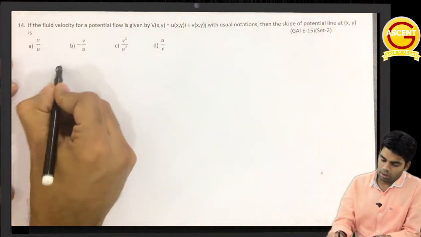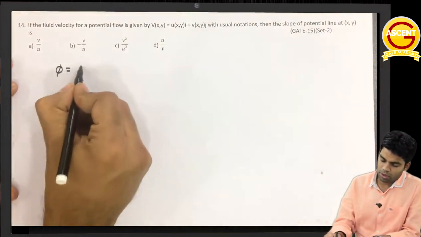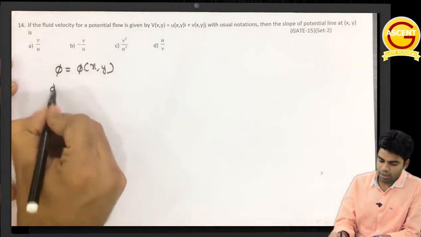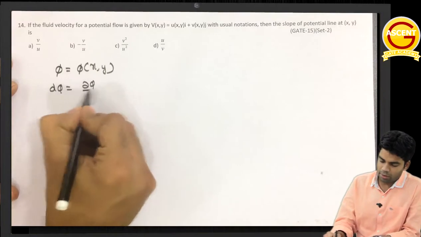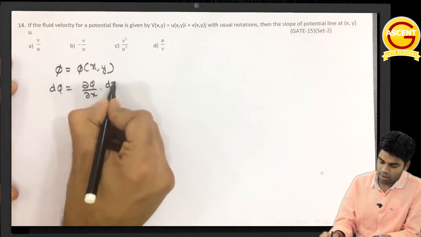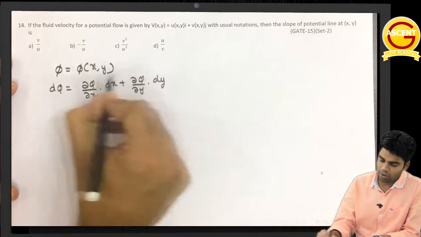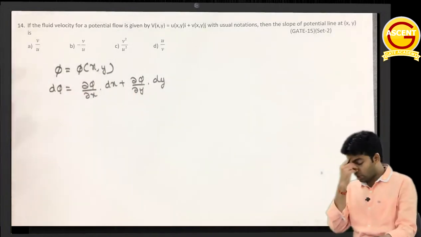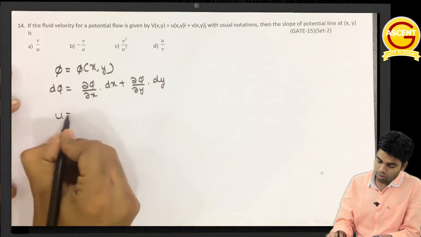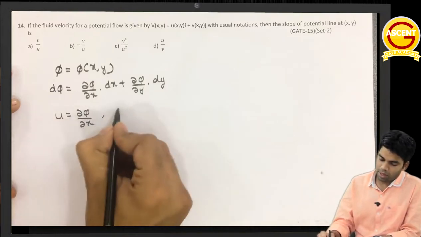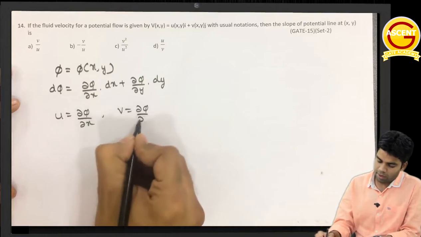So this potential function is a function of x and y. Now you can write it as d phi is equal to del phi by del x into dx plus del phi by del y into dy, because this is a function of x and y. Now we know u is equal to del phi by del x, potential function phi, and v is equal to del phi by del y.